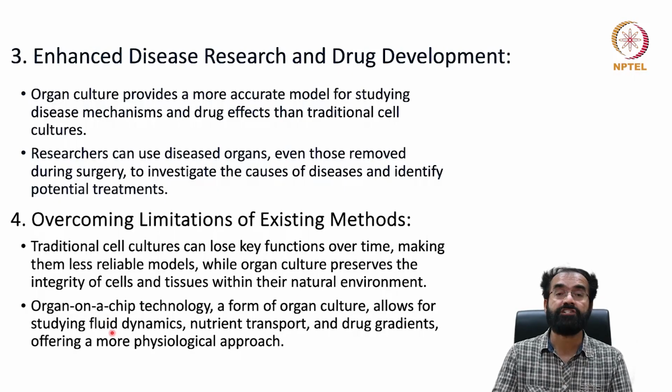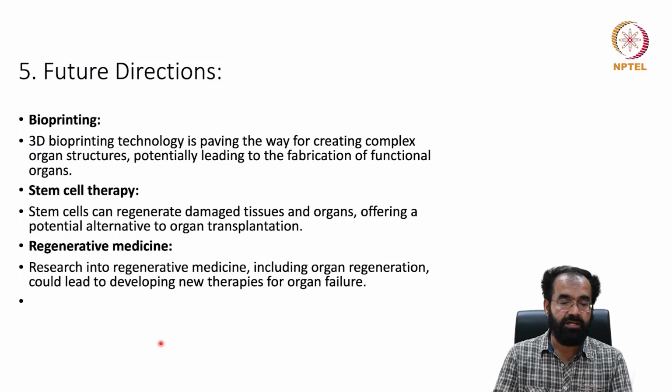The organ on a chip technology, which we have discussed in the past, a form of organ culture, allows for studying fluid dynamics, nutrient support and drug gradients, offering a more physiological approach. Organ culture is much closer to the functioning of the organ than just a tissue culture.